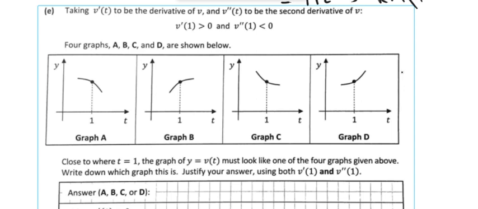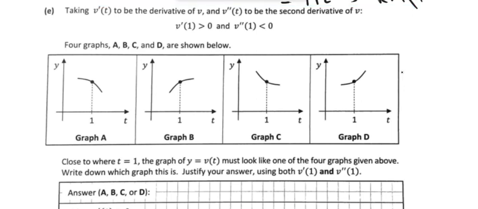Right, so for part E, the first part tells us that the first derivative is greater than 0. So what that tells you is that whatever graph it is has to be going up, okay?